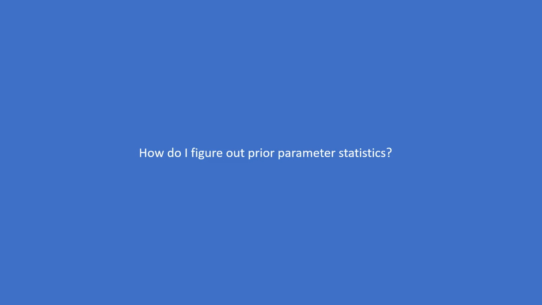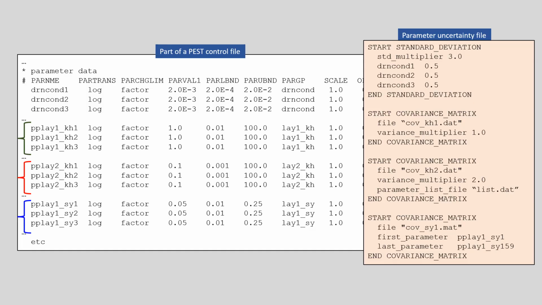Finally, how do we obtain these parameter statistics? Well, this is really up to your expert knowledge, but there's some things which may help. Let's look at standard deviations first. Suppose that you're the type of person who wants to set the lower and upper bounds of parameters to be realistic.